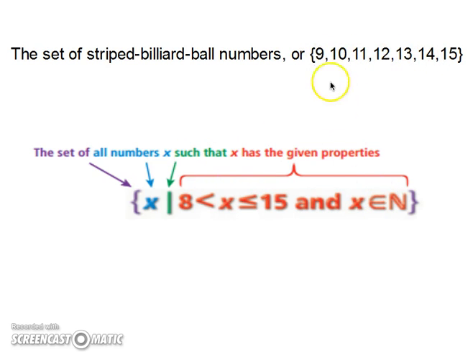So your x is going to be an element of the natural numbers. So let's try this out. The set of all numbers x such that 8 is less than x, is less than or equal to 15. So we know it's got to be between 9 and 15. And x has to be a natural number, so it has to be a 9, a 10, 11, a 12. And that is set builder notation.